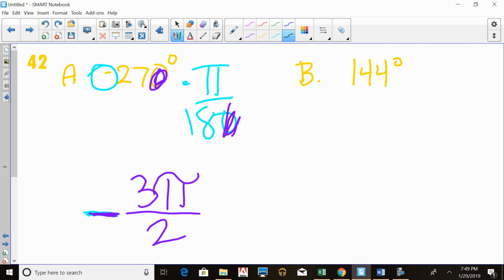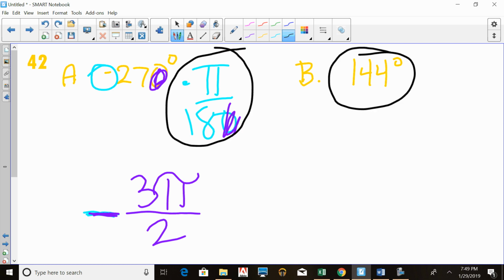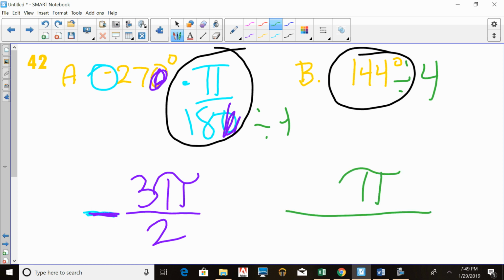For the second one, same thing. You got to multiply by pi over 180 and 144. So we can divide that by 4, we can divide that by 4. So we're still going to have pi in our answer. 180 divided by 4 is 45. And 144 divided by 4 is 36.